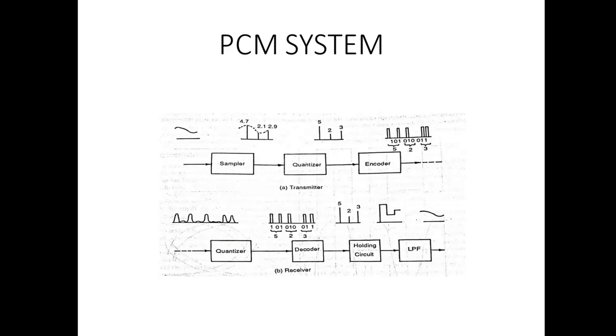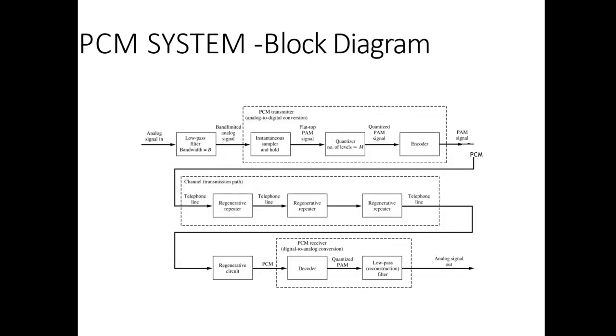Again, these binary digits are applied to the receiver, then to the decoder, holding circuit and low pass filter, and we get the original analog signal as shown in the figure. This is the main PCM block diagram. In the PCM transmitter, we do analog to digital conversion. In the PCM receiver, we do digital to analog conversion.